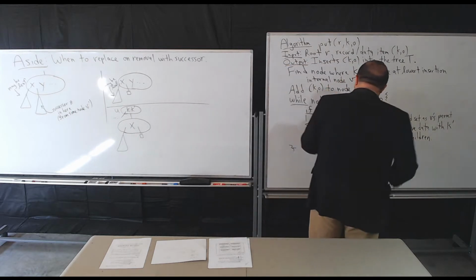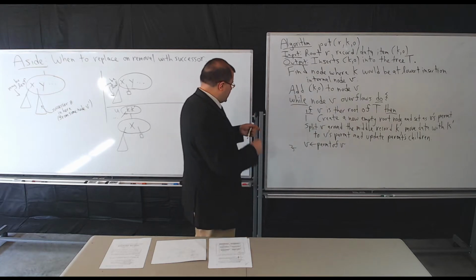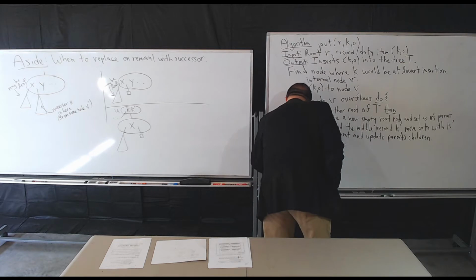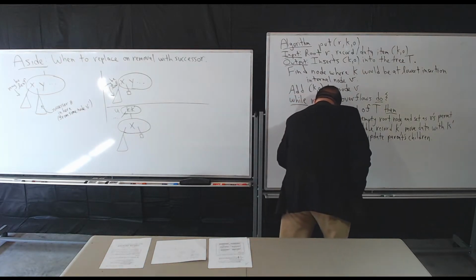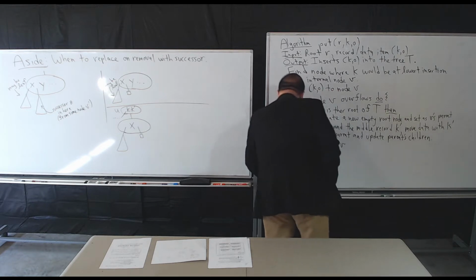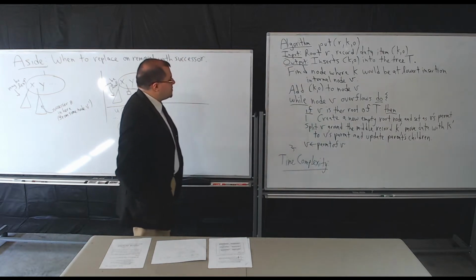So the whole thing is this business of overflowing, or where it overflows. So let's talk about the time complexity of put here. So let's do a quick analysis of this.